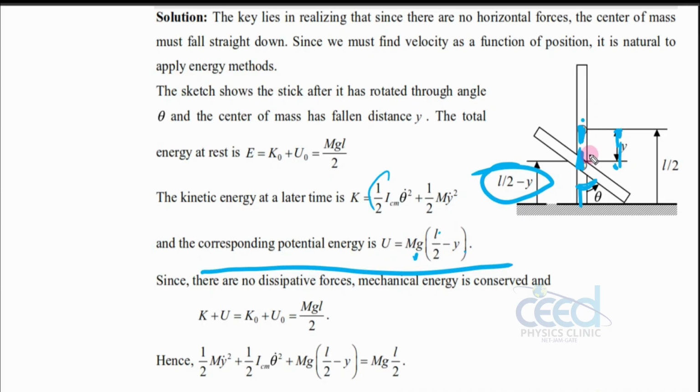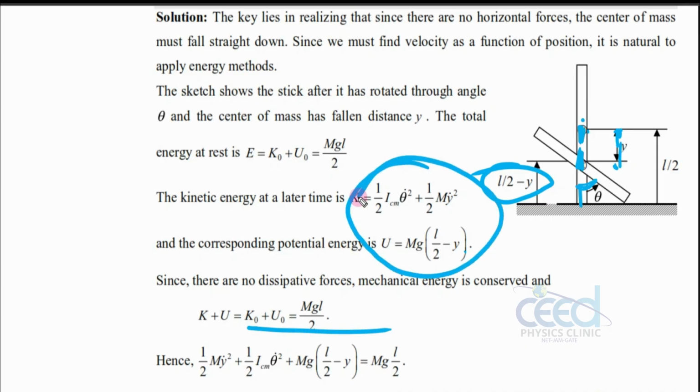Its height is decreasing, so it is falling in the direction of gravity, and the potential energy is positive, all right? Now what is the total energy? The total energy we already saw is mgL by 2. Now the sum of these two energies we can equate to the total energy mgL by 2.